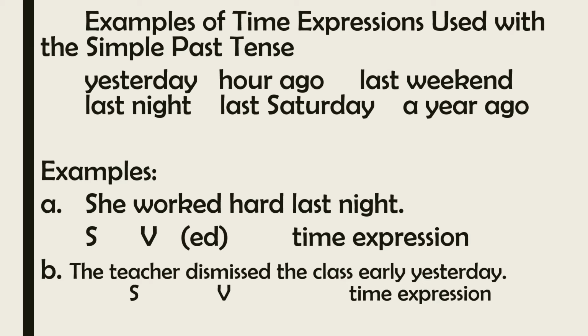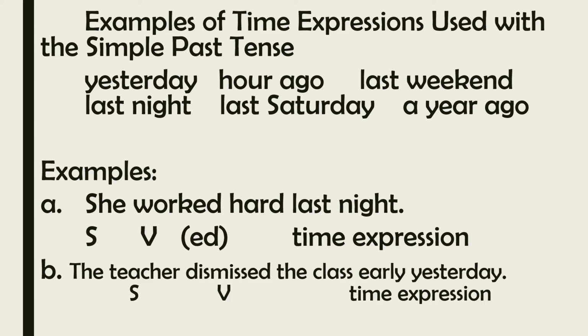The first example is, she worked hard last night. So the subject here is she. The verb is worked. Earlier we discussed the transformations of verbs into past tense. So work, you just need to add ed.